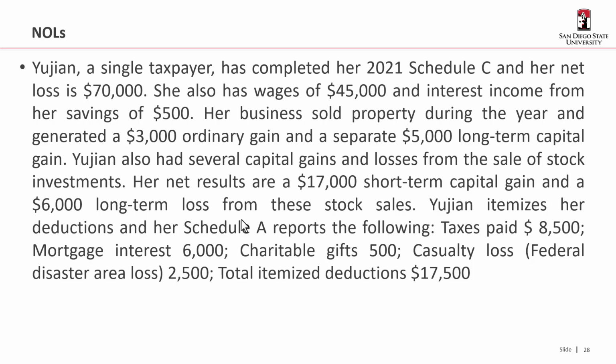Eugene also had capital gains and losses from outside the business, from just the sale of stock investments: a $17,000 short-term capital gain and a $6,000 long-term loss. Eugene itemizes her deductions. Schedule A has the following: taxes, $8,500, mortgage interest, $6,000, charitable gifts, $500, and a casualty loss of $2,500 for total itemized deductions of $17,500.